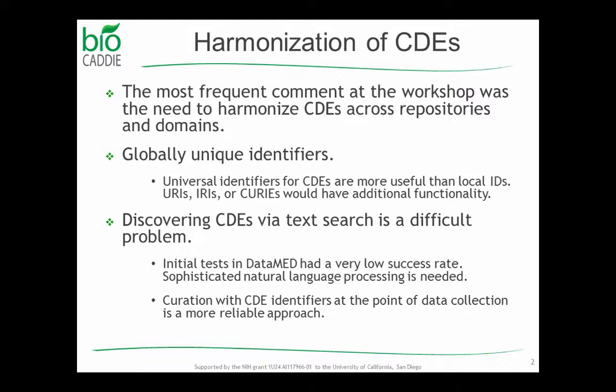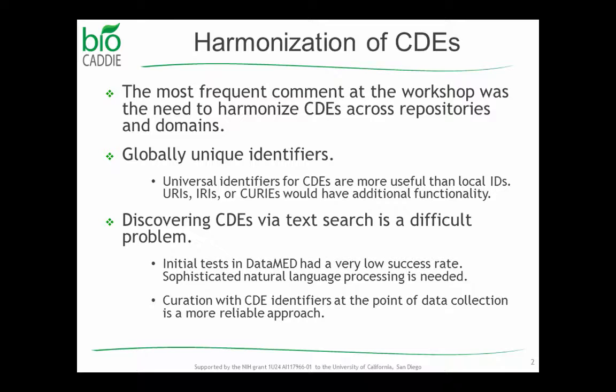So what I'm going to do is run through what I think were the main topics of discussion at the May 9th meeting, and what some of the lessons from those were. The comment that came up most frequently at the workshop was the need to harmonize CDEs across repositories and domains.